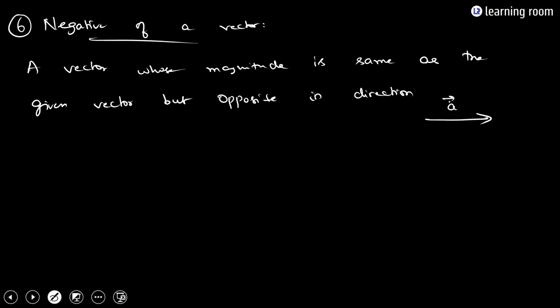Meaning, if this is a vector, then if I define a vector in the opposite direction, it is called negative of a vector.